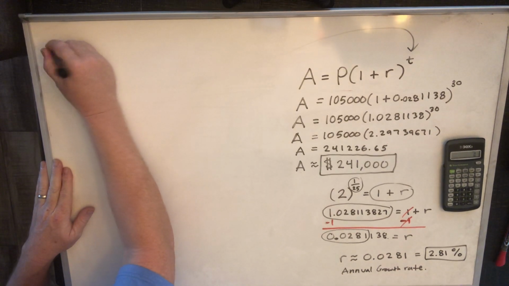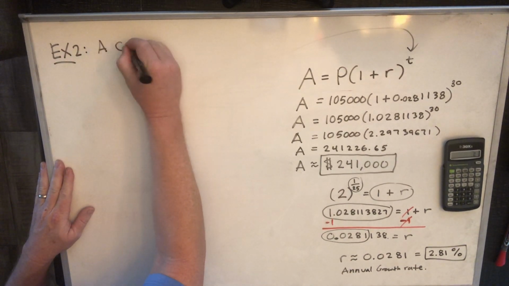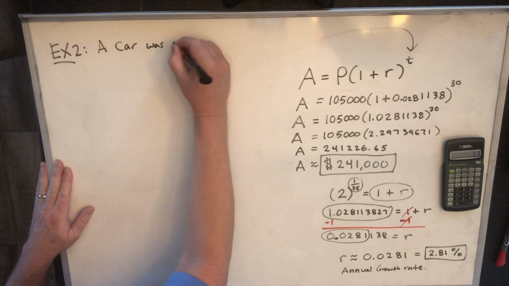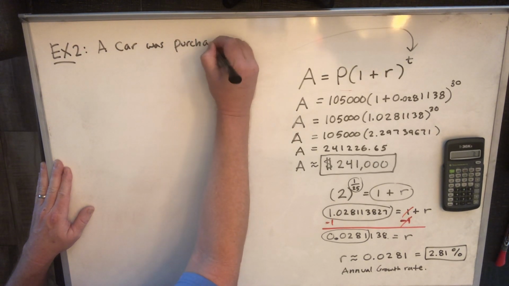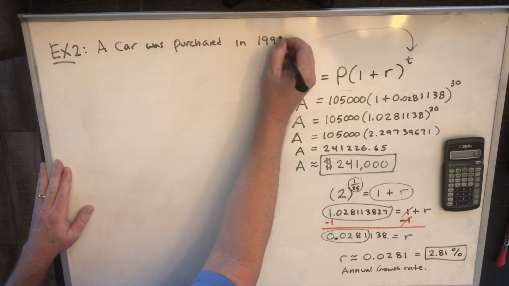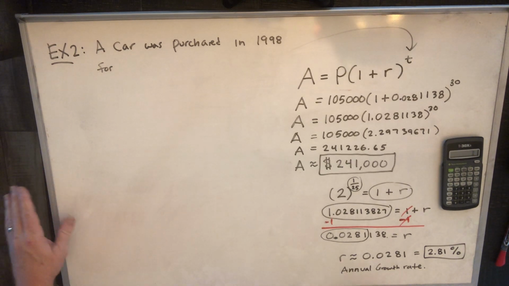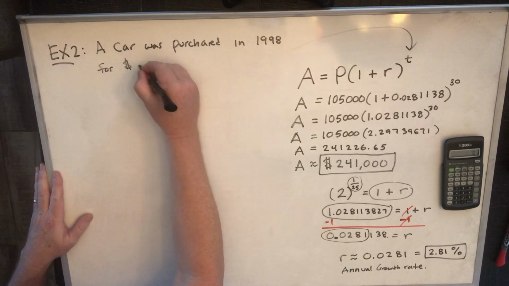Example 2. A car was purchased in 1998 for $29,000.